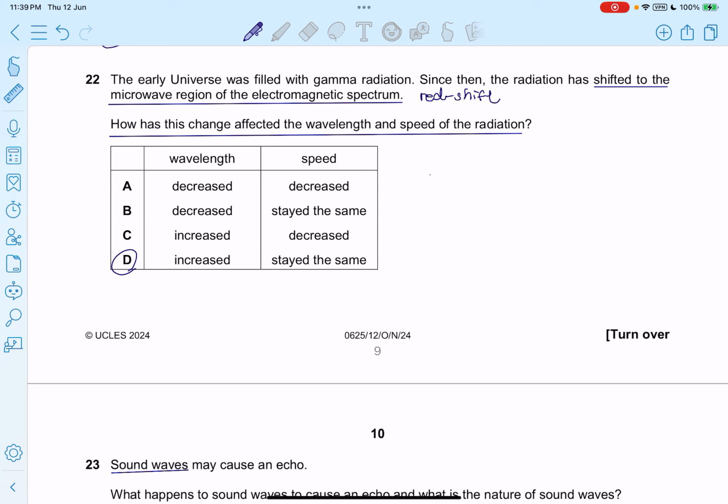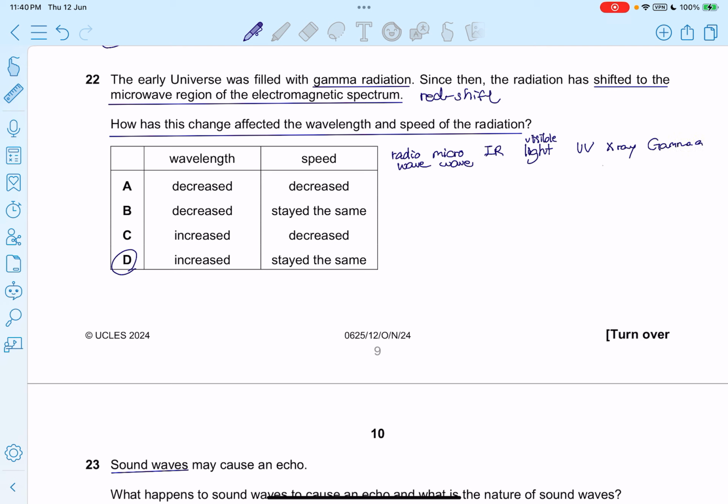Basically, the wavelength of the initial wave is increasing and making the radiation go towards the left side. So if we remember the order, which is radio wave, microwave, and then IR, visible light, and then UV, X-ray, and then gamma ray.